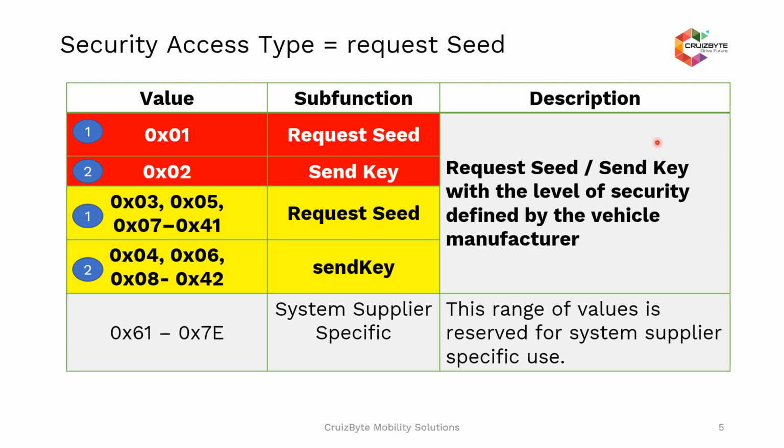In software implementation, this needs to be considered when you implement different IO control options, read write operations, or memory location access. Then you can assign multiple levels of security for each of the subfunctions.